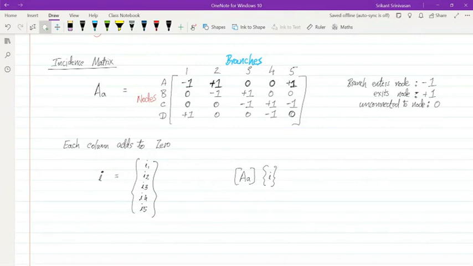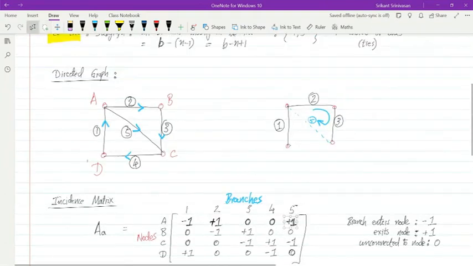So this is saying minus I1 plus I2 plus I5, right? So I2 plus I5 minus I1, because I2 and I5 are exiting the node and I1 is entering the node.